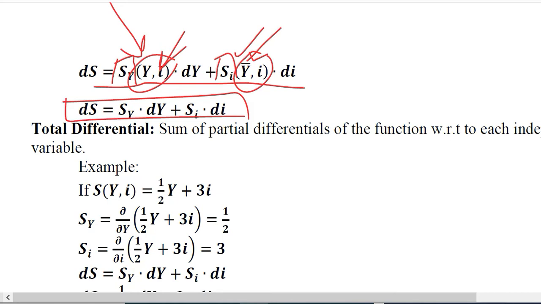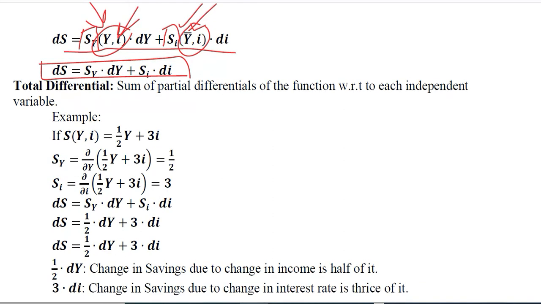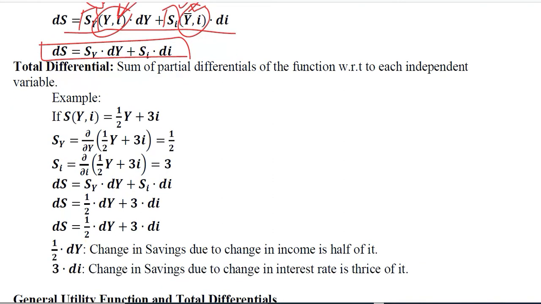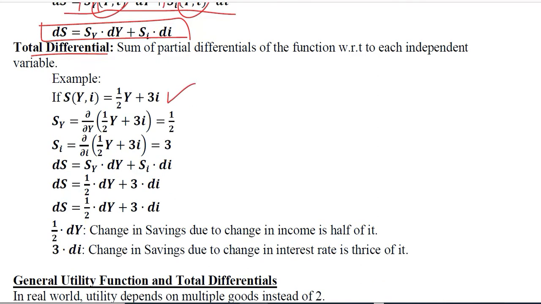For this we have a numerical example, and we can solve it here. We have to find the total differential, and if this is the given function, we can easily do it. It's nothing difficult because I have the formula. Sy I can find simply by differentiating with respect to Y, and the answer was 1/2.